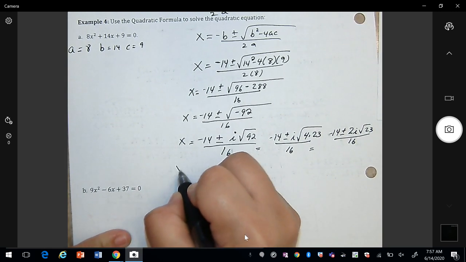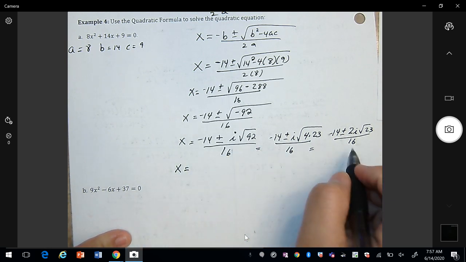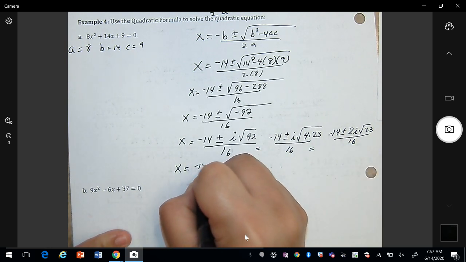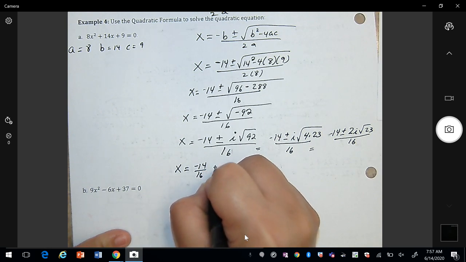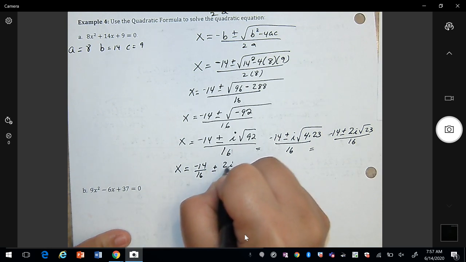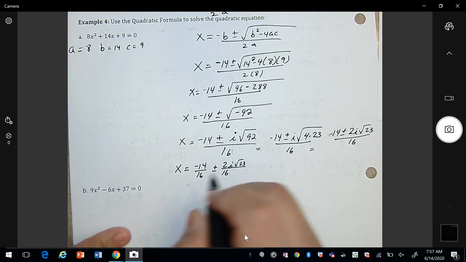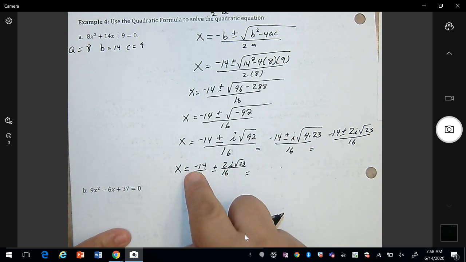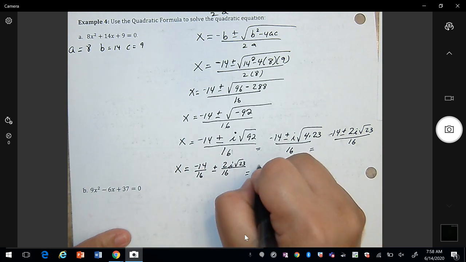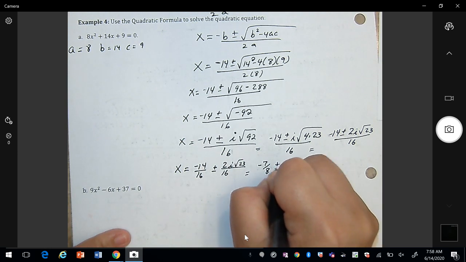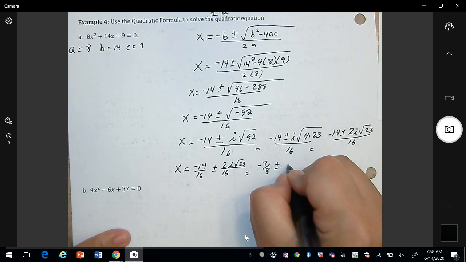Okay, so I can continue to simplify. Here I'm going to have negative 14 divided by 16 plus or minus 2i divided by 16. Negative 14 divided by 16 is negative 7/8. And 2 divided by 16 is 1/8.